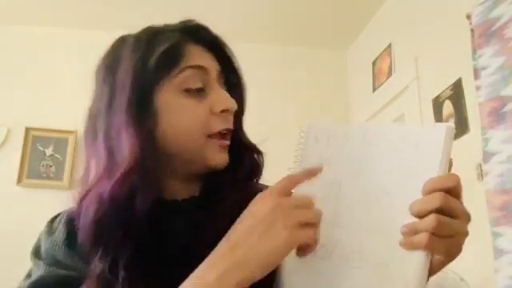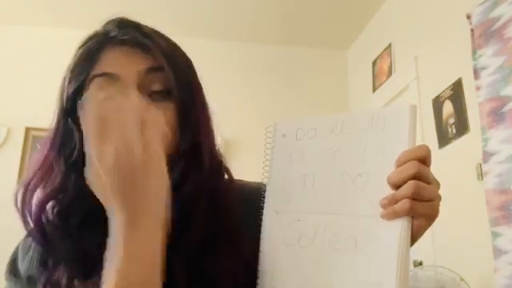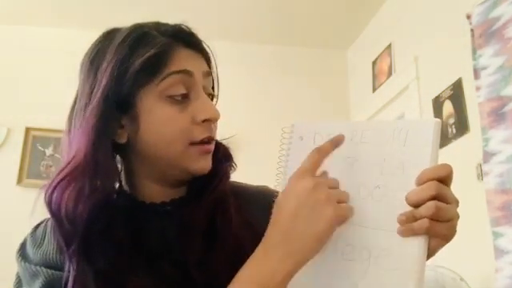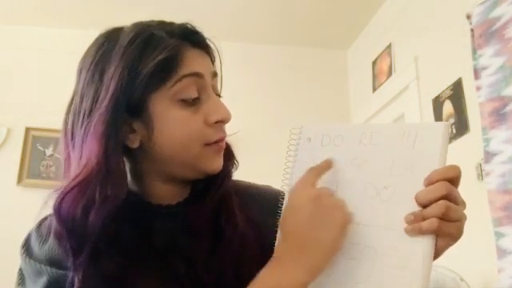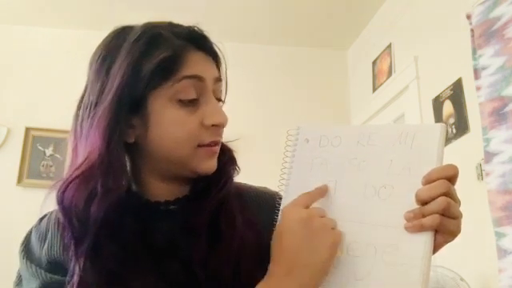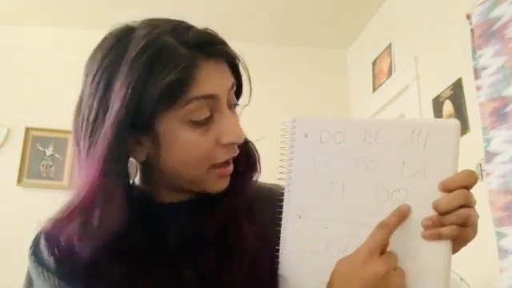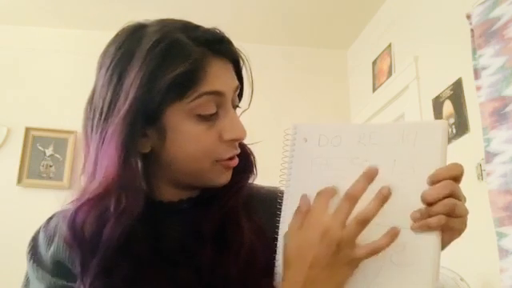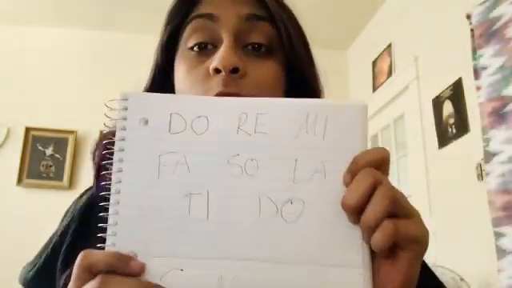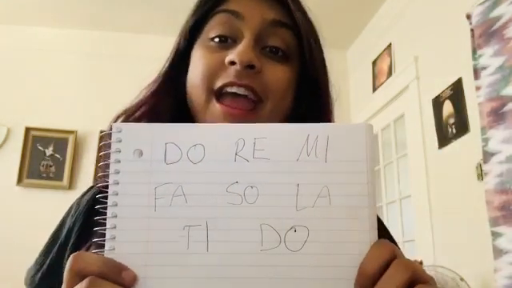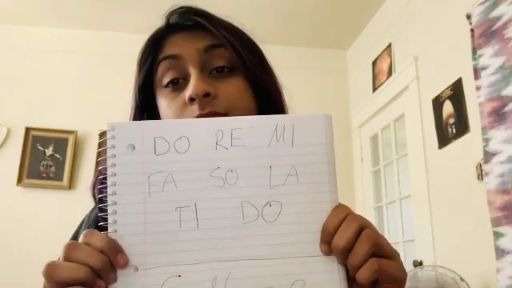Let's just do solfege if you're a beginner. This is for beginners. So let's count how many notes that is. Do, 1, 2, 3, 4, 5, 6, 7, and then back to 8. So there are 7 different notes here that you need to know for solfege to practice every day.